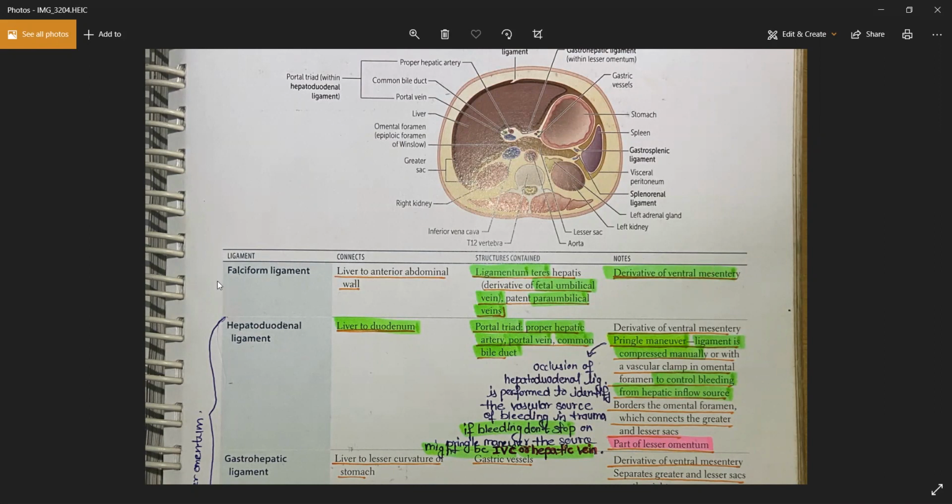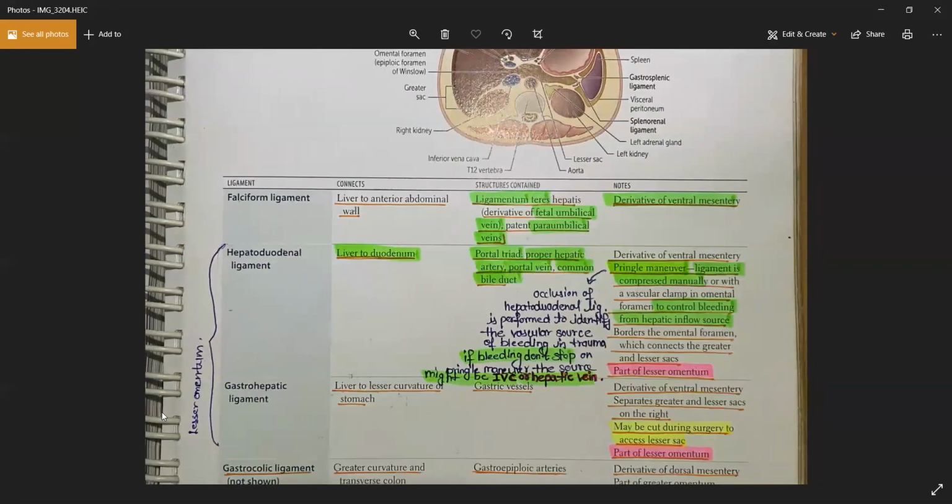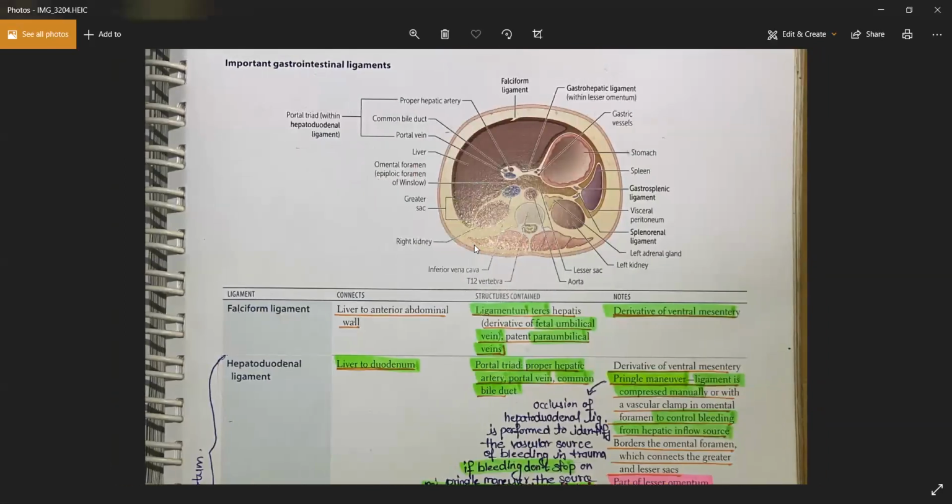Nothing much. Then comes the lesser omentum, and this lesser omentum has two parts. One is the hepatoduodenal ligament, and second is the gastrohepatic ligament. As you can see, the ligament between the stomach and the liver, this is your gastrohepatic ligament.